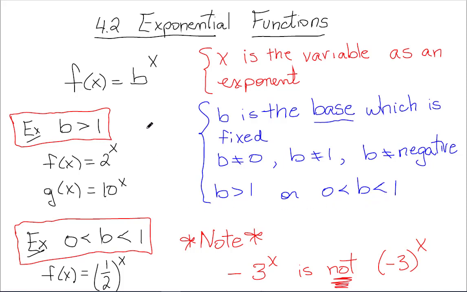So for example, if there is a b bigger than 1, I could have b equals 2. So here b is 2, and we have 2 to the x. Here b is 10, and I have 10 to the x. Those are b's bigger than 1.